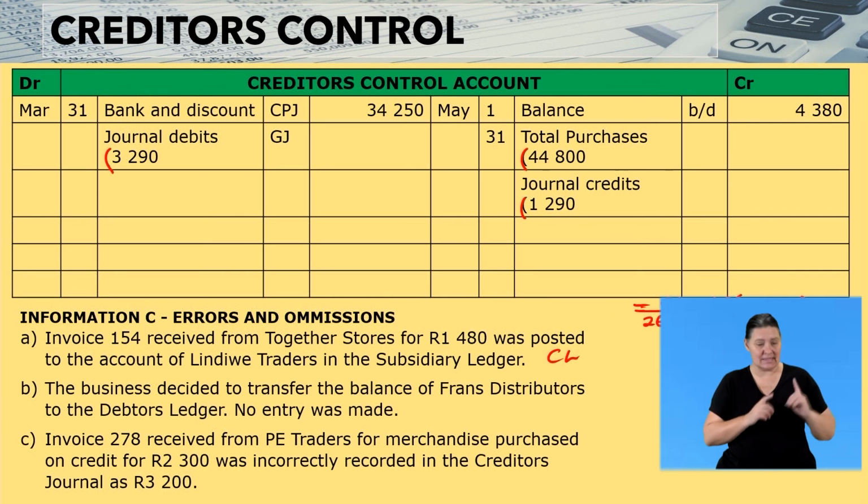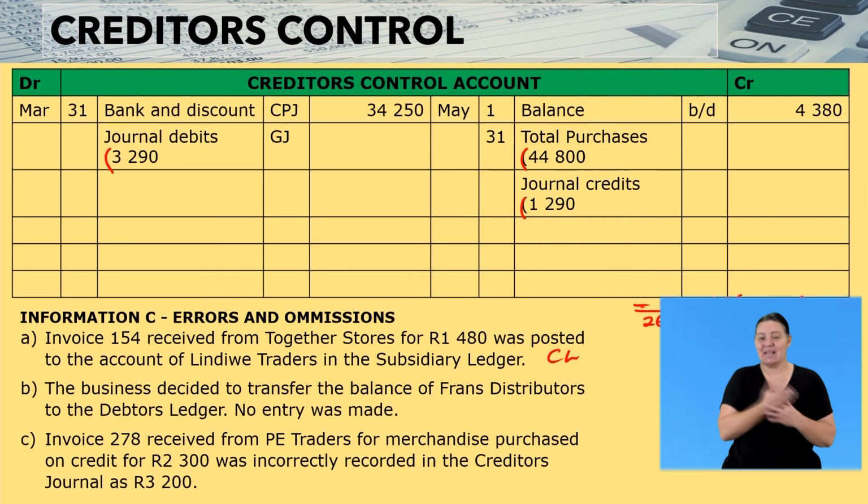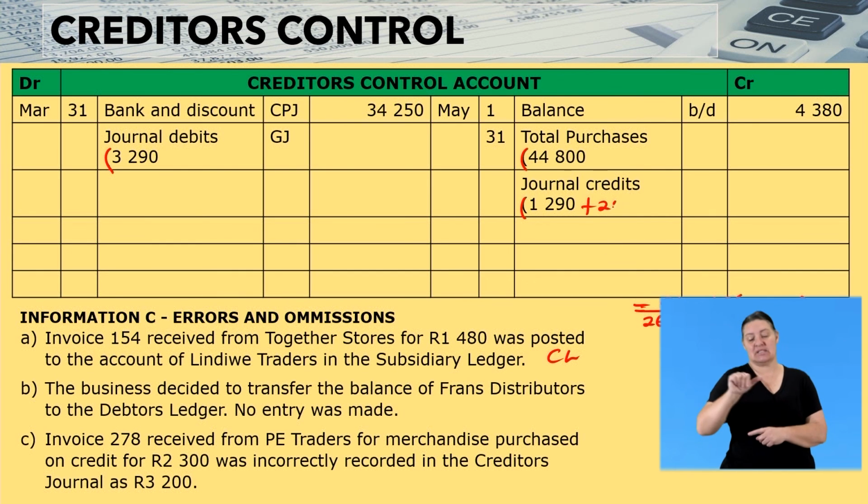Therefore, I debit it with 260. But what I'm much interested in is the entry in the creditors ledger, which is a credit entry. And a credit means it's a plus. So I'll then come to my journal credits and I'll say plus 260. When I get to the creditors ledger, I'll tell you what we are going to do.